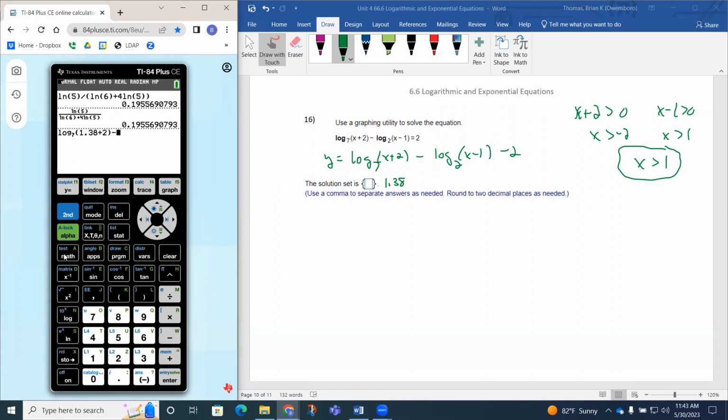Go to that change base again, log base, there we have a 2, and this time we'll put 1.38 in and subtract 1. We should get an answer really close to 2. We're substituting into this problem right here, and we're looking for our answer to be close to 2. Now we get 2.02. So that is pretty close, because we did have to round it there. That gives us something pretty close.